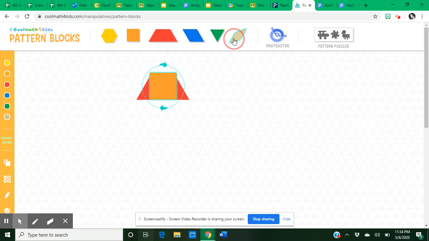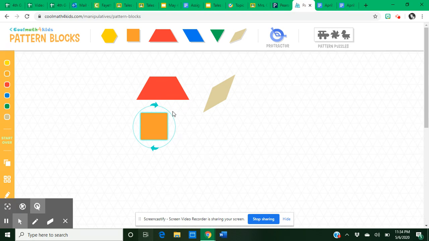We could also then put this one over top of it and see that our square angle is much wider than our rhombus over here. Okay, so use these to play around and help you when you are on here. These will also be linked with the video on our slides so that you can get to them, okay? All right, let us know if you need any help, Super Scholars.